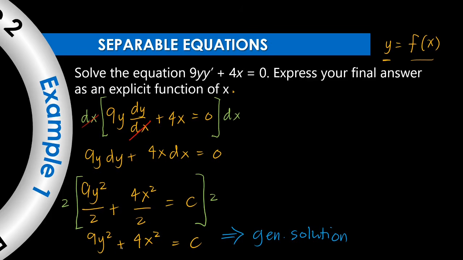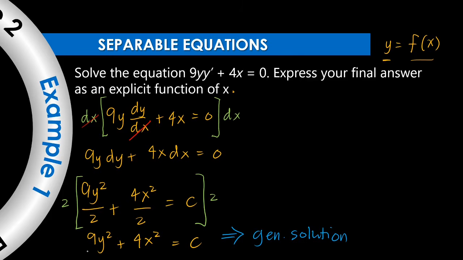If both x and y are squared, there are three possibilities. It could be a circle, an ellipse, or a hyperbola. But if the signs are the same, so both are positive, we will only be left with two possibilities. It's either a circle or an ellipse. So which of the two would be represented by this general solution?